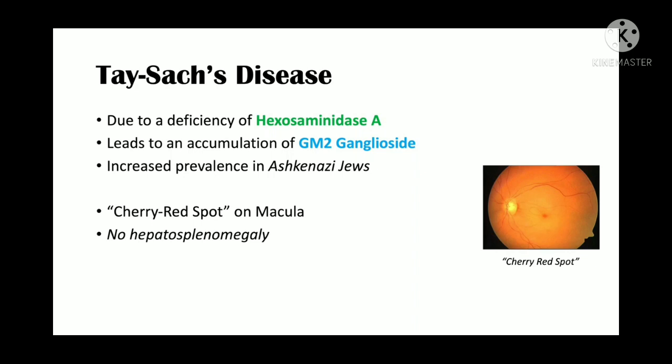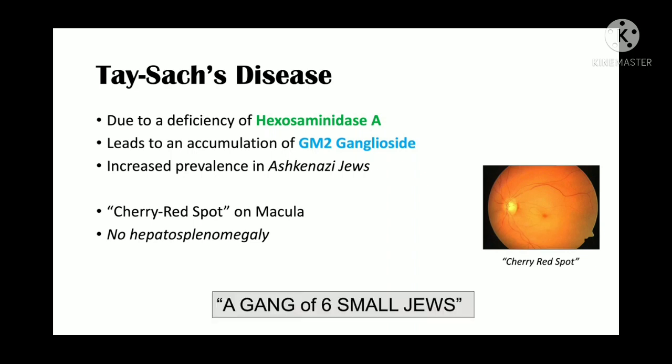The way you're gonna remember is by the phrase "a gang of 6 small Jews." A gang is for ganglioside, 6 is gonna help you remember the prefix hexo, small is gonna help you remember no hepatosplenomegaly, and Jews is gonna help you remember that this condition has an increased prevalence in Ashkenazi Jews.